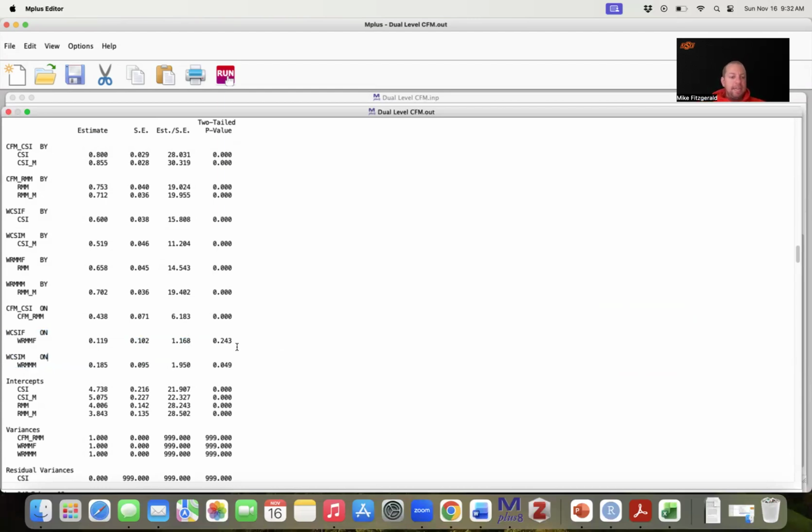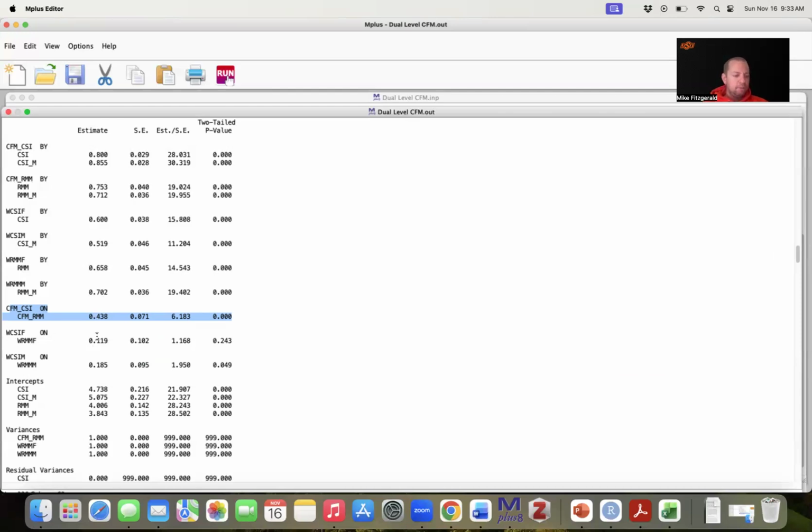So what we can say here is that a one standard deviation unit increase in relationship mindfulness results in a 0.438 standard deviation unit increase in relationship quality at the dyad level.